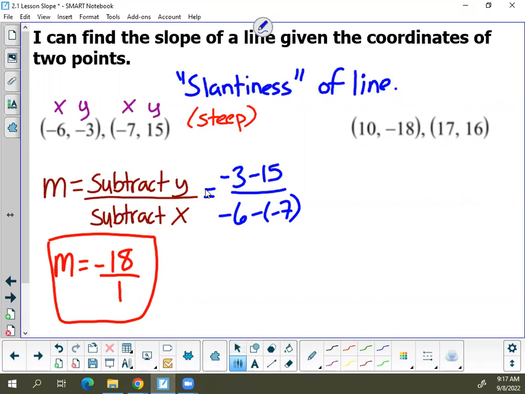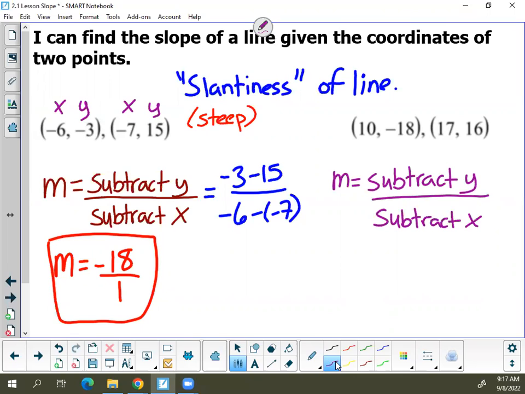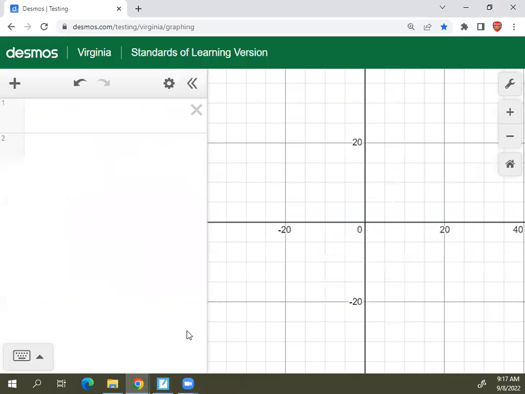It's good to always write the formula, because we do need to know that we have to subtract our values. But I'm going to put my points in 10, -18, and 17, 16.